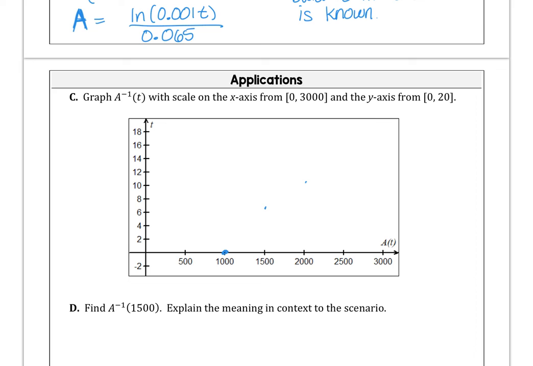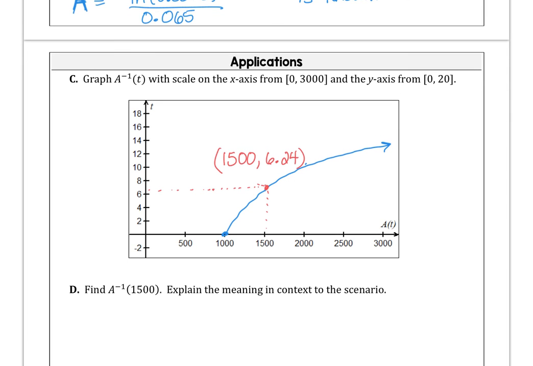It's a little more, so we've got a graph going across here, A inverse, and we want to know when the inverse is 1,500, and it looks like there's $1,500 in the account at about 6 1/4 years. So this would be, let's see, let's label this axis. This would be the amount in dollars.